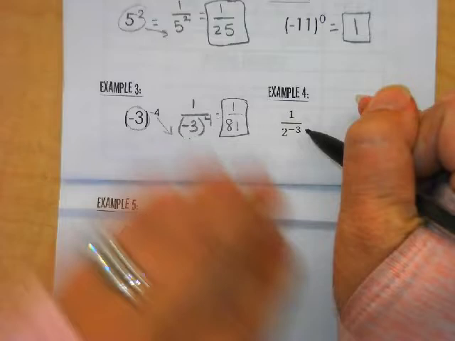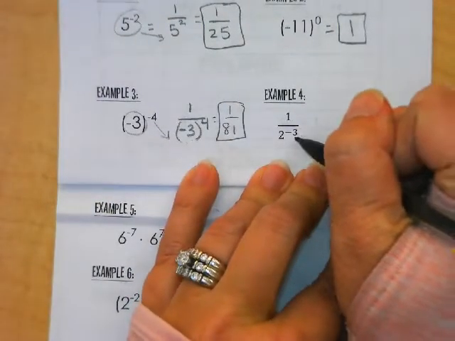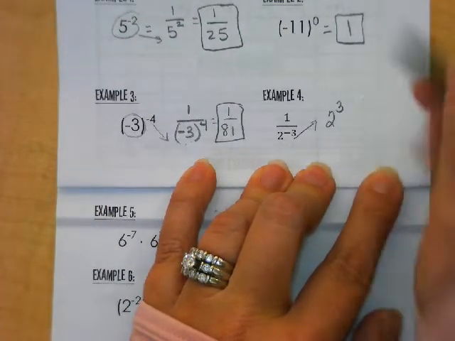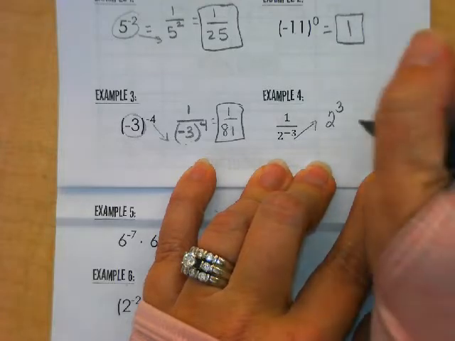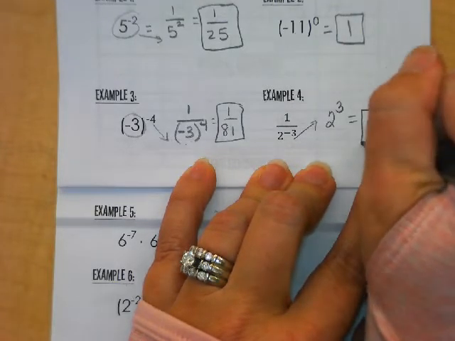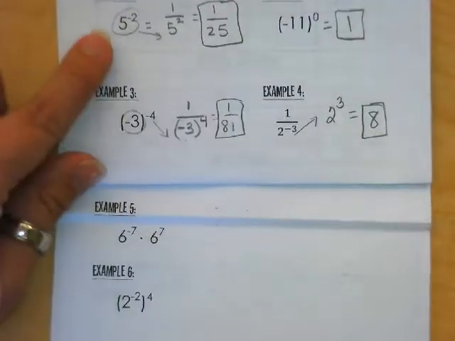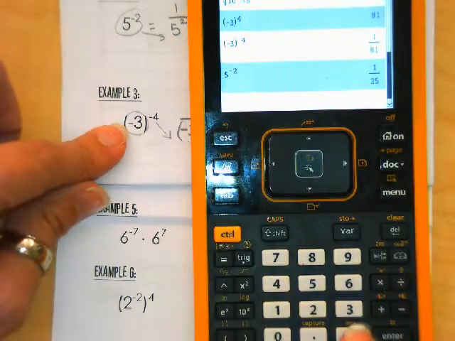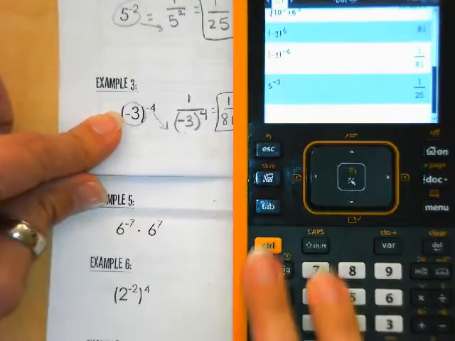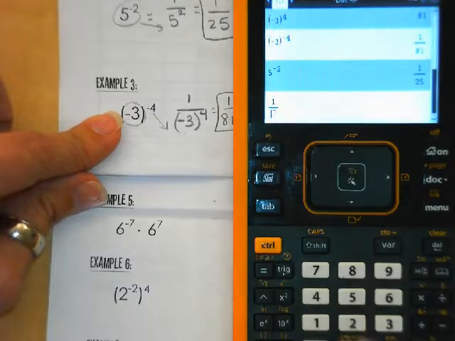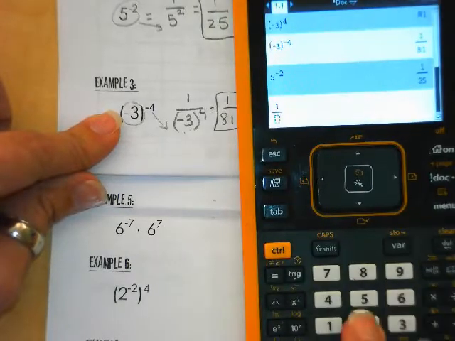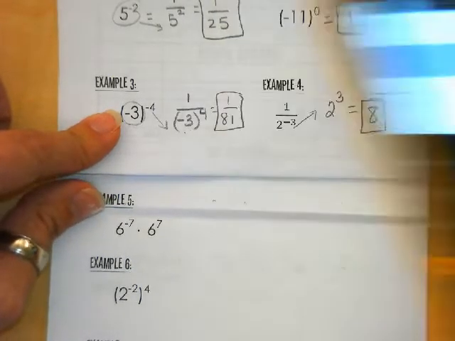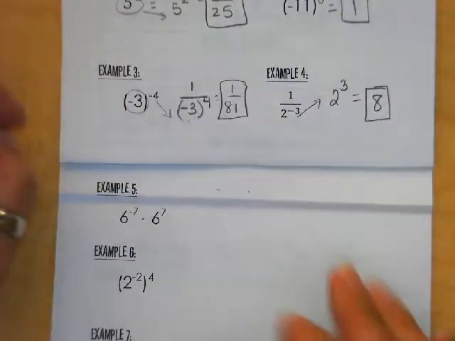Okay, this one has a negative exponent in the bottom, so that means it's going to go up to the top. So this becomes 2 to the positive 3, which we know is 8. And all of these, if they have regular numbers, you can check in your calculator. If they're just variables, you could plug in a number to see what happens.